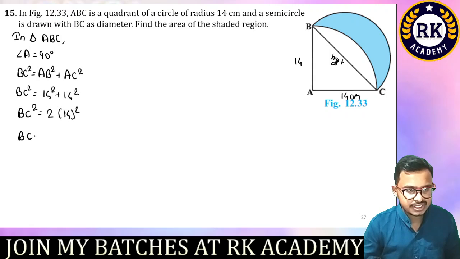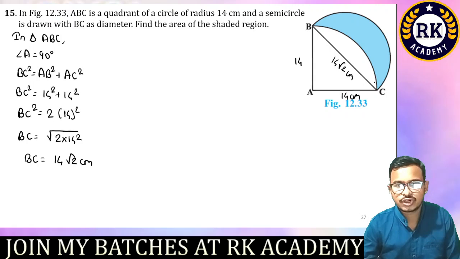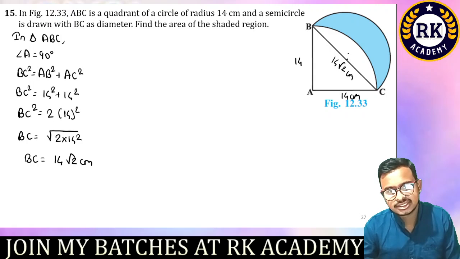So BC shall be equal to under root 2 into 14 square. We can say BC shall be equal to 14 root 2 centimeter. So now this hypotenuse is 14 root 2 centimeter. Now you have got this as a diameter of a figure. If I take a point here as a center of circle O, and say this is E point and this is D point.